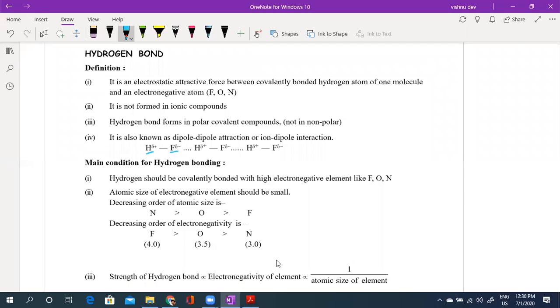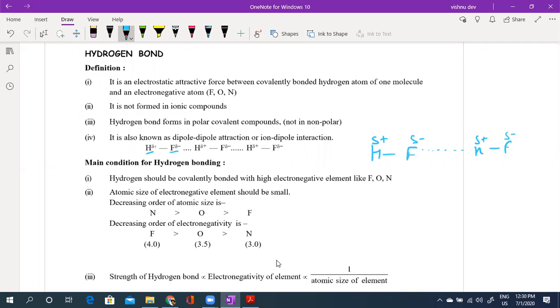Now when you talk about hydrogen and a highly electronegative atom, F delta minus, H delta plus, another H delta plus and F delta minus. So this is positive, this is negative, and since the electronegativity difference between them is very high, the charge developed will be more. So there will be strong attraction.